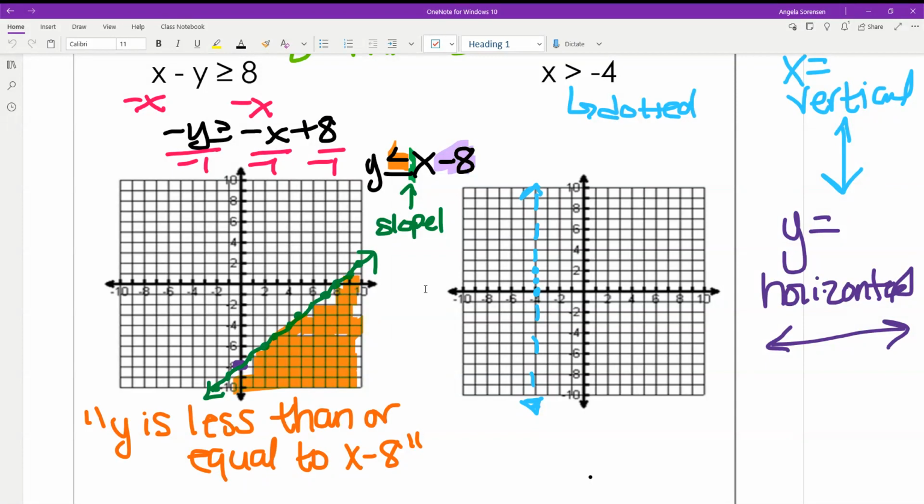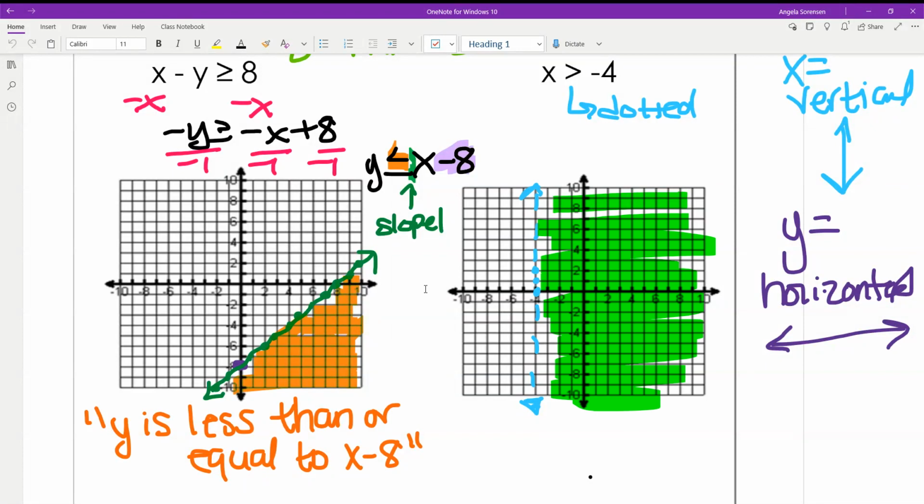Do you think the greater than values are to the left or to the right? To the right, right? So all of the greater than values are over here. That's what we're going to shade. And that makes sense, right? A number that's greater than -4 is 0 or 10 or 2. And all of those x values are shaded here. Okay.